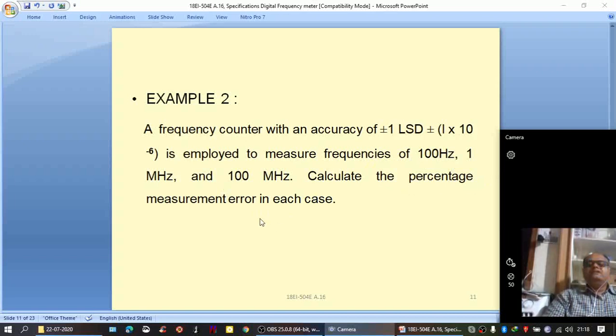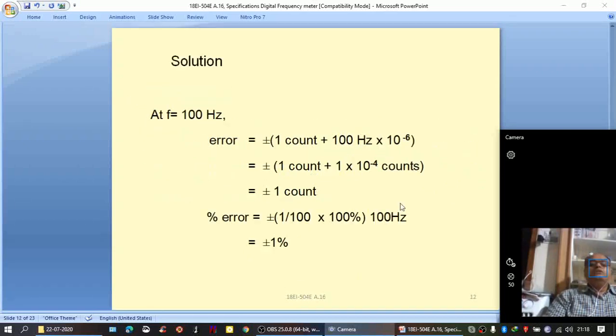Calculate the percentage error in measurement in each case. So, a frequency counter having an error of 1 LSD, that is 1 into 10 power minus 6, is used to measure frequencies of 100 Hz, 1 megahertz and 100 megahertz. Let us see what would be the values and errors.